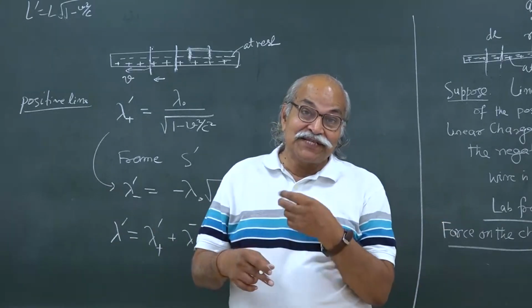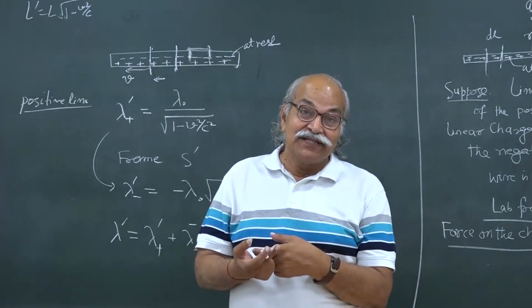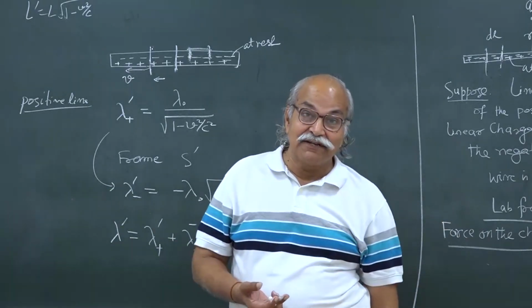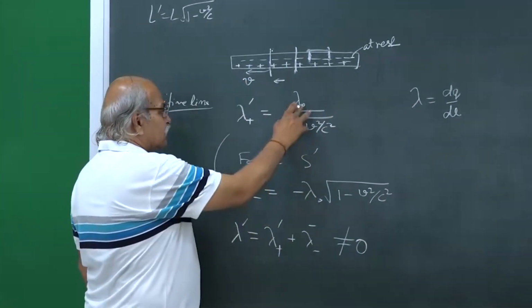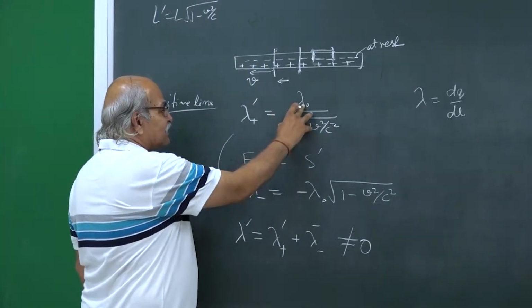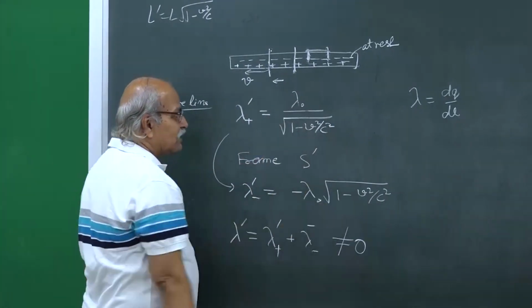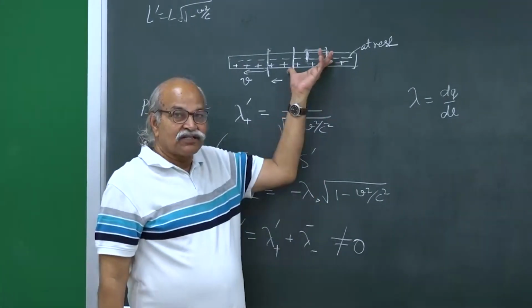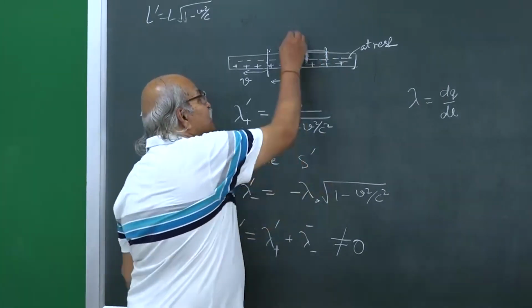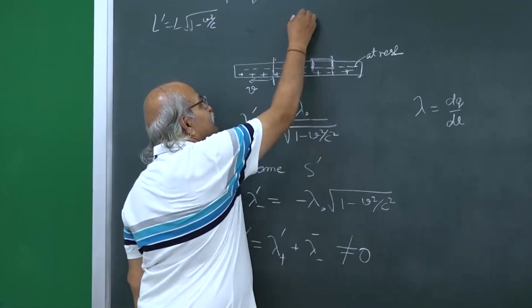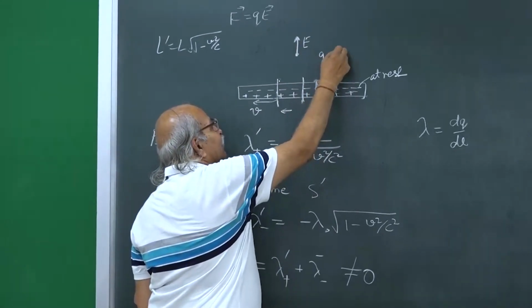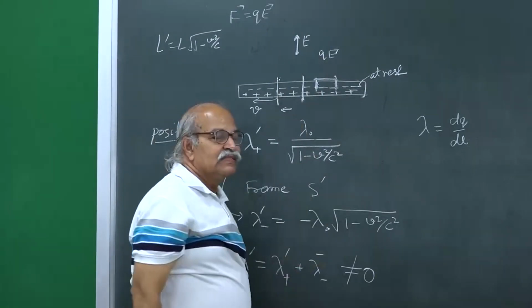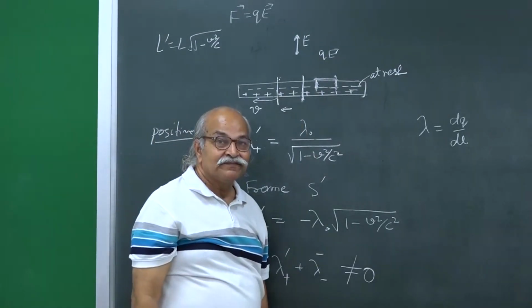You can see what will be the direction of the electric field. The positive charge is larger, the negative charge is smaller, there is a net positive charge. So there will be an electric field in this direction, and therefore a force in this direction, and it should accelerate up.